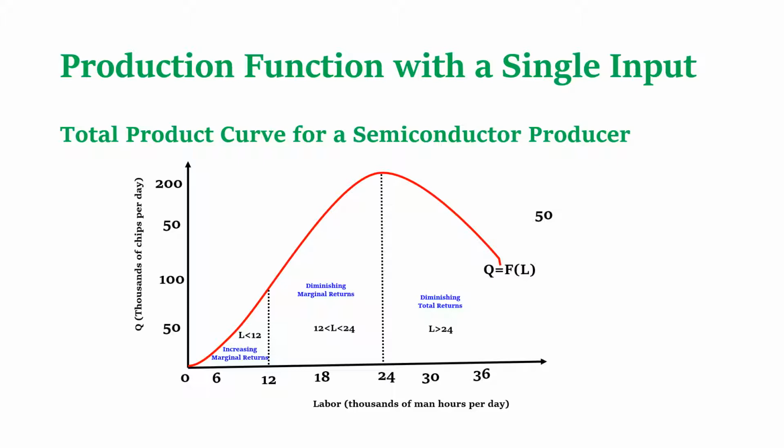When that occurs, between labor equals 12 and labor equals 24, diminishing marginal returns sets in. And in that case, output or total product will be increasing, but at a decreasing rate. So when we say it is increasing at a decreasing rate, it is increasing sluggishly.